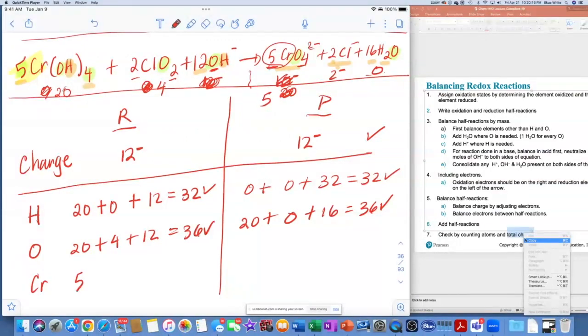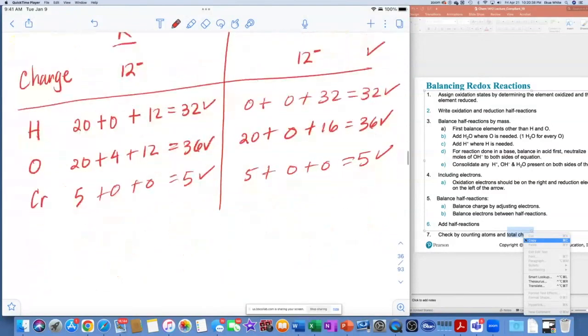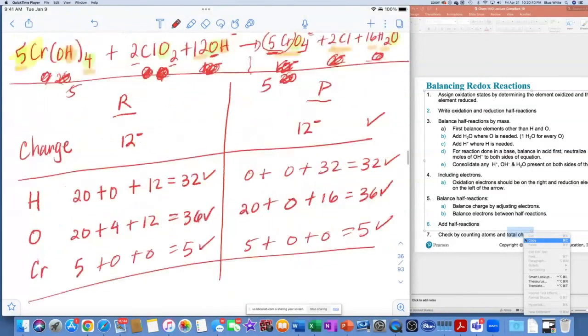So it's 5, 5, 0, 0, 0, 0, so 5 plus 0, 0, 5. Okay? So since the number of atoms match and the charges match, we have a balanced equation.